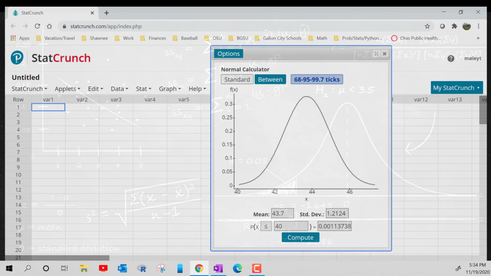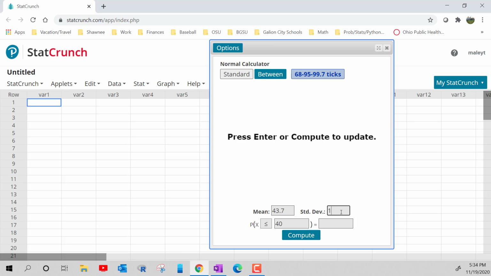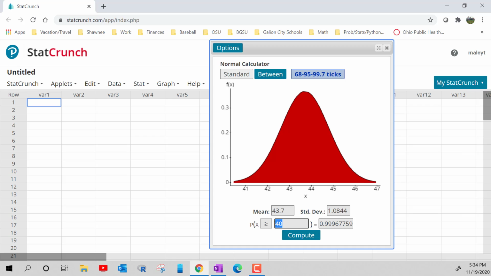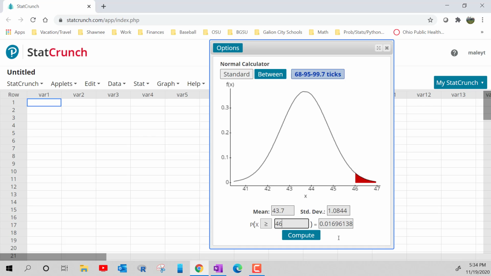So now we're ready to calculate that area. So I need to change the standard deviation to be 1.0844. We're looking at x greater than 46, and we can find that area. If I round just to 2 decimal places here, it's about 0.02.